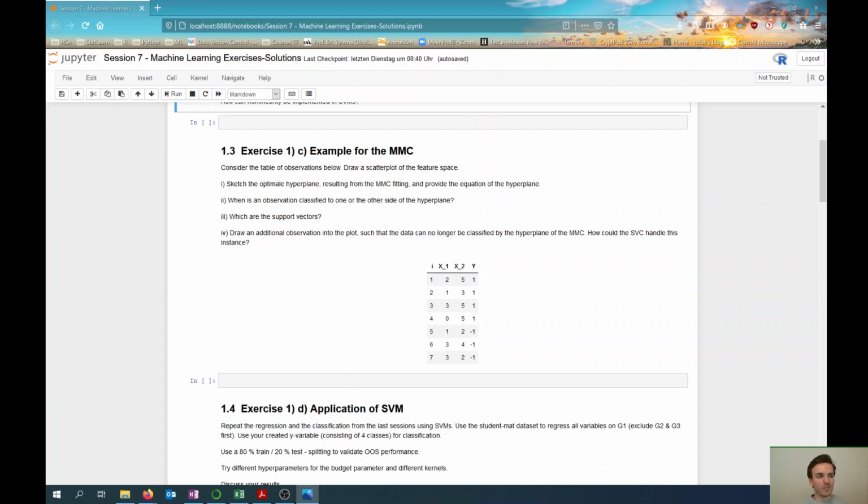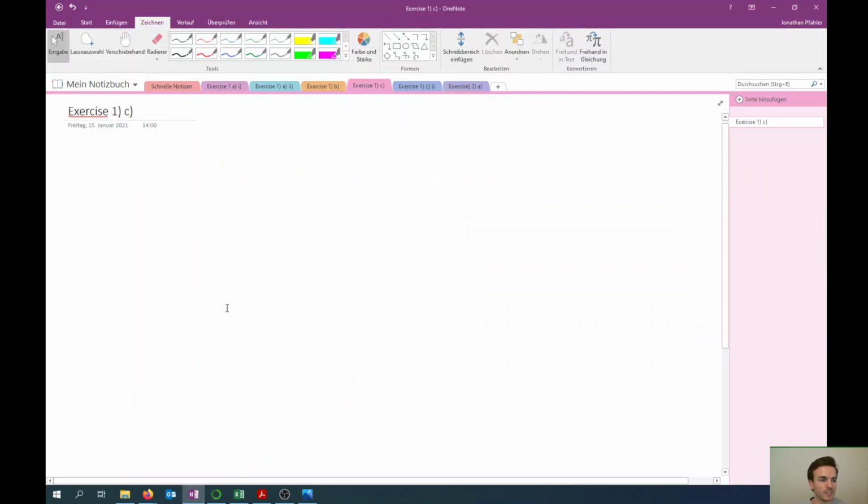But first we will talk about how to derive the weights for the maximum margin classifier, because this is an important process that you should have seen, and I think we've also covered that in the lecture, or at least partially.